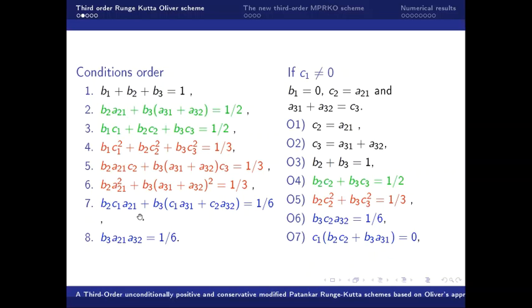And equation 7 reduces to the O7 equation because, using the A equation in equation 7, this part is 1/6.